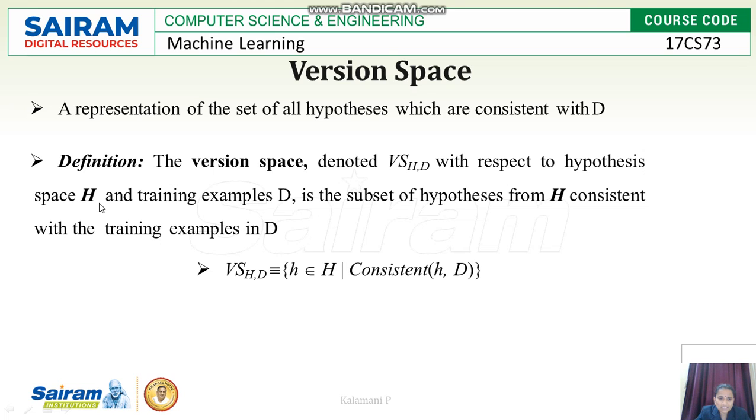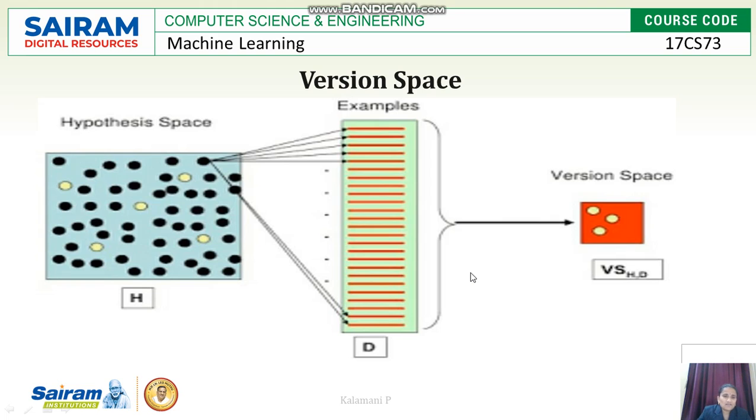The version space with respect to hypothesis space H and training examples D is the subset of hypotheses from H consistent with the training examples in D. That's the reason we define VS(H, D) as equal to the h belonging to capital H, a subset of the entire hypothesis space, such that Consistent(h, D). We know that the hypothesis space is H and the training examples are called D. Then the version space is defined as VS of H comma D, with H, D in the subscript.